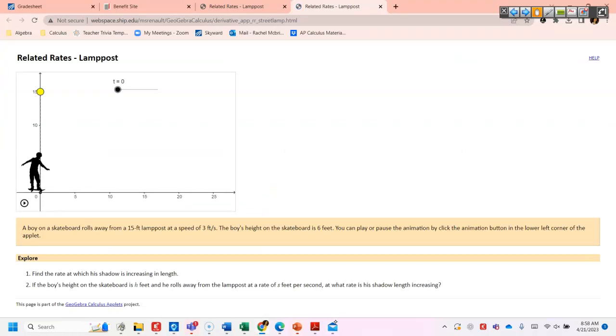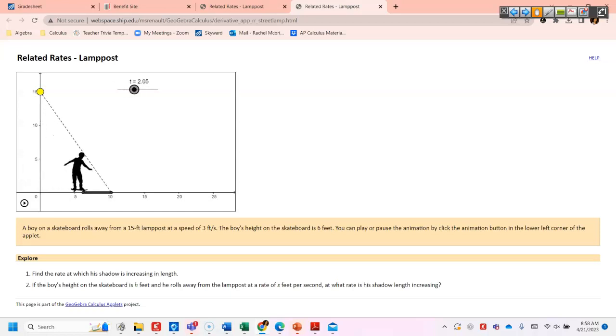Alright, so here's the boy, he's on his skateboard, he's rolling away from the lamppost, that is 15 feet tall, he's moving at a speed of 3 feet per second, the boy's height on the skateboard is 6 feet, so we have a 15-foot lamppost, he is 6 feet, he's moving at a speed of 3 feet per second.